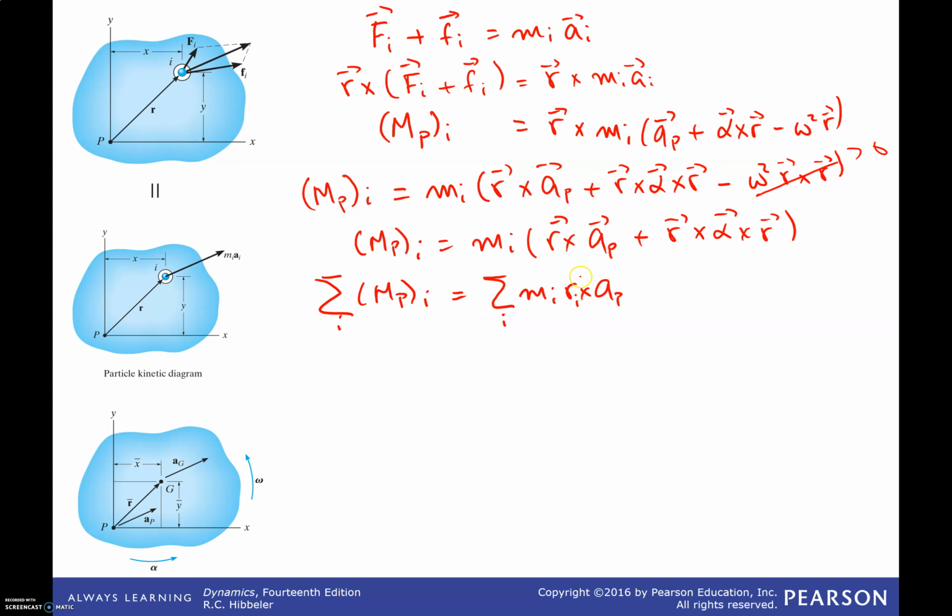Remember that R is the position of particle I, and I'm adding all those particles. And then I'm going to have the sum in I of mi R cross alpha cross R. Remember, alpha is the same for all particles because the body is rotating as a whole.